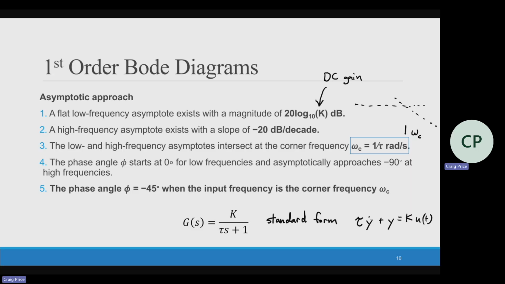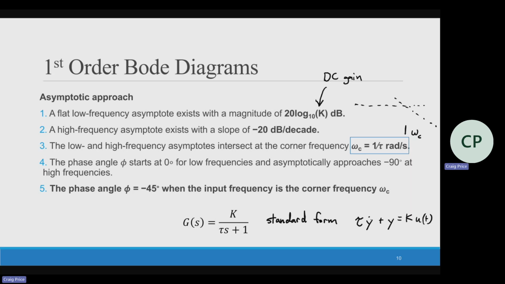And on the equation sheet, we have a standard form. This is really related to the standard form that we were already looking at for first order, just the input-output equation. This is our transfer function. We want to match up this. So it looks similar to that, where we get tau s plus 1 here.